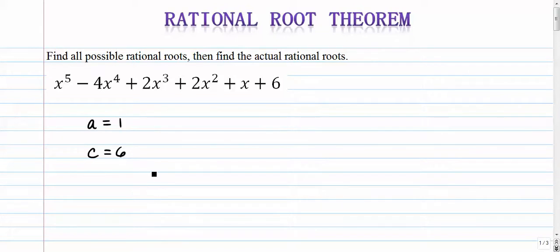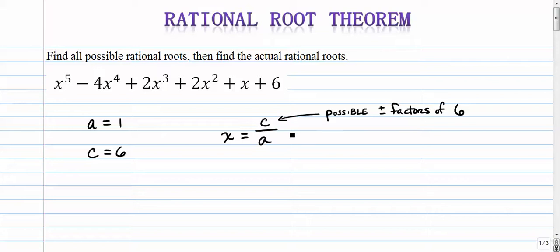Alright, the list of all possible rational roots of this is simply going to be c divided by a. But c isn't just 6, it is all of the possible positive and negative factors of 6.